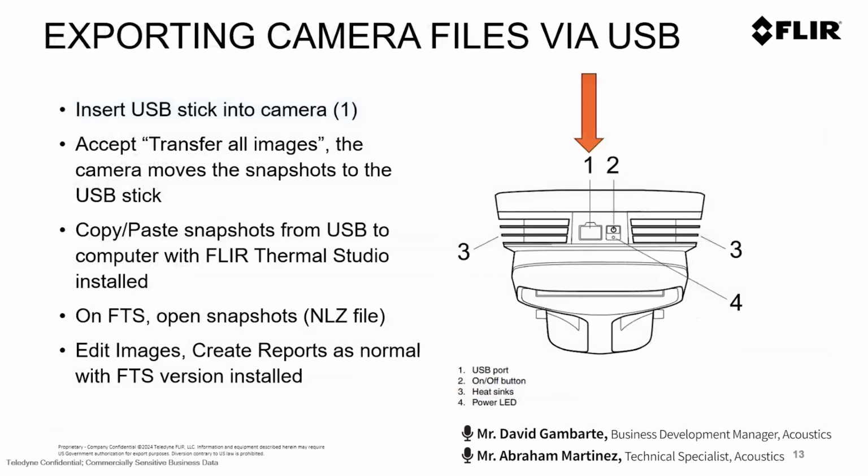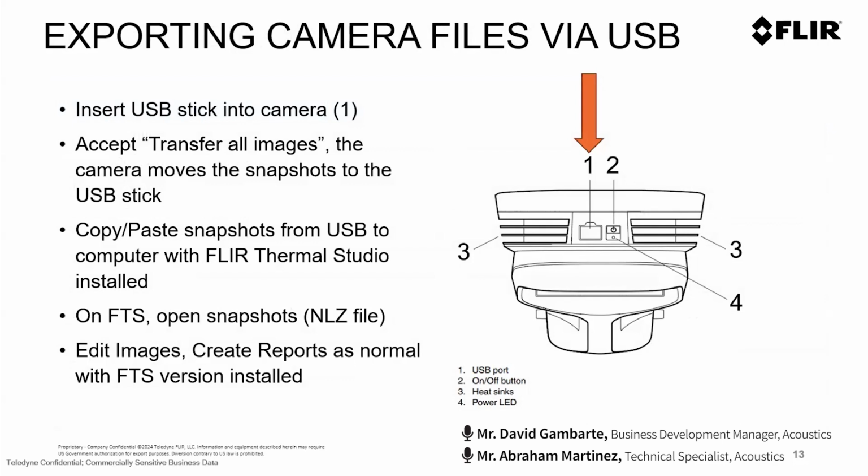And this is just a quick reminder of how to export the files via USB. Naturally, Thermal Studio is an offline solution, so the snapshots should be transferred via USB. You can locate the USB port on top of the camera. In the case of the SI2, it is next to the on and off switch, but in the previous series it's also on the top.